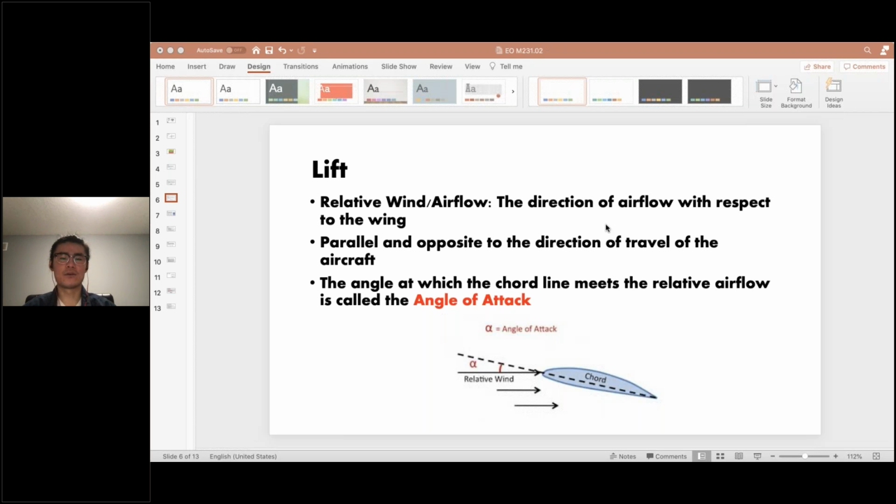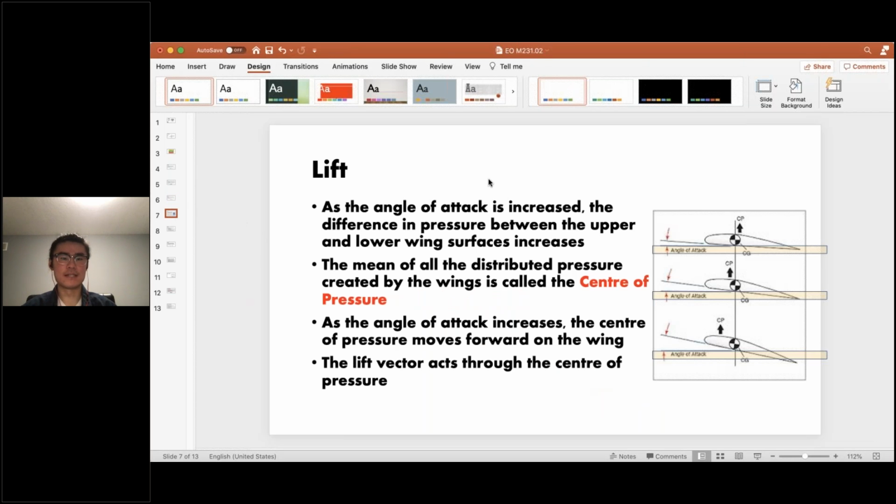And the angle at which this wind meets this thing called the chord line, basically that's the angle of how your wing is situated relative to the wind, and it creates this little angle. This angle is called the angle of attack, and I'll tell you more about the angle of attack and what it essentially does.